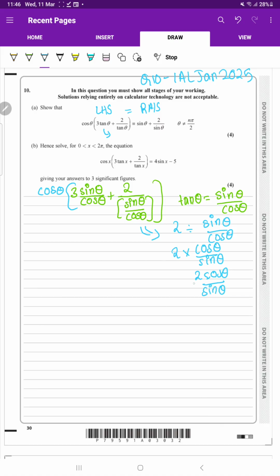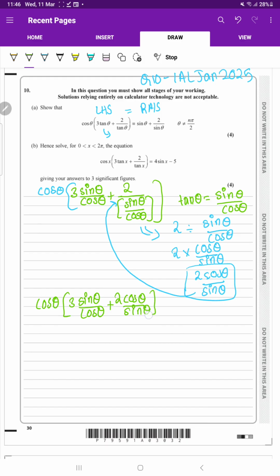Replace this thing over here. So now we have cos theta times (3 sin theta over cos theta plus 2 cos theta divided by sin theta).